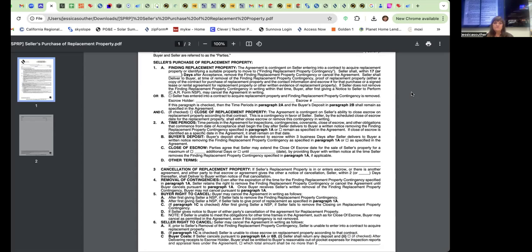I think they need to make a modification to that contract or addendum that would say this would not apply to the disclosures that seller is supposed to provide the buyer. Those should really be going out immediately after a contract is signed, not waiting until the seller removes the contingency of finding replacement property.